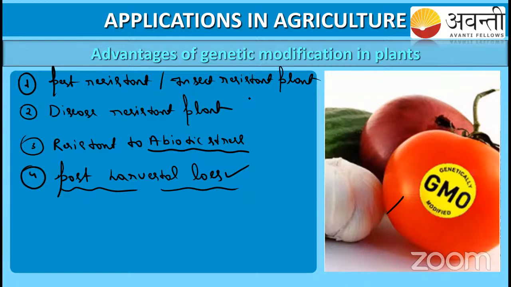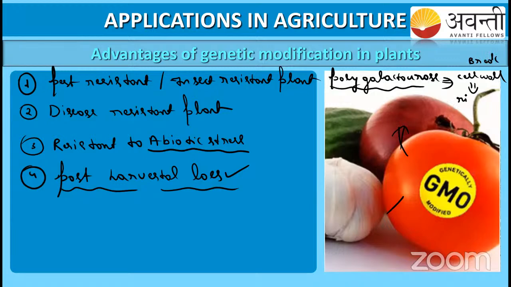The main reason is that tomato ripening is caused by an enzyme called polygalacturonase. This enzyme breaks the cell wall. You know that plants have a cell wall, and whenever this cell wall breaks, the tomato ripens.